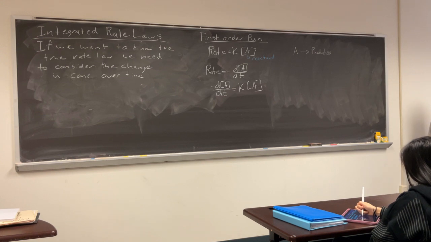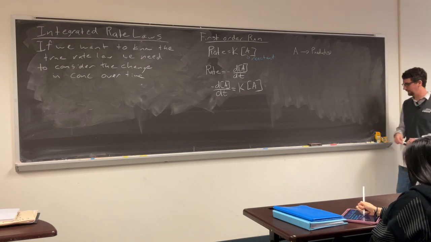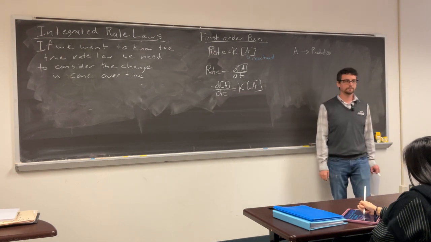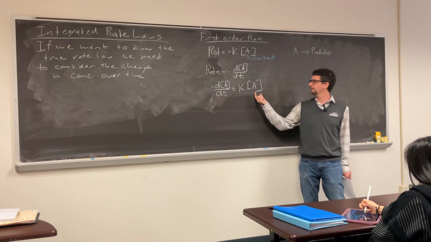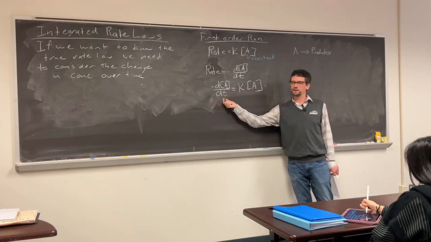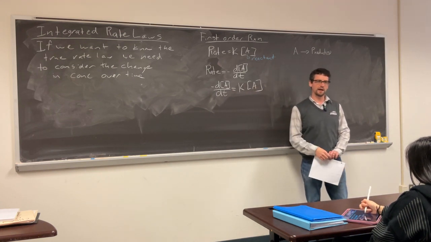Okay, we run into a problem here though. Can we integrate yet? No, can't integrate. Why can't we integrate? Yeah, A has got to move over here. We need the t somewhere else, right?